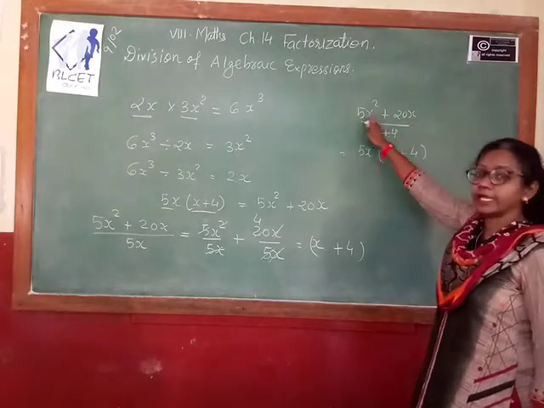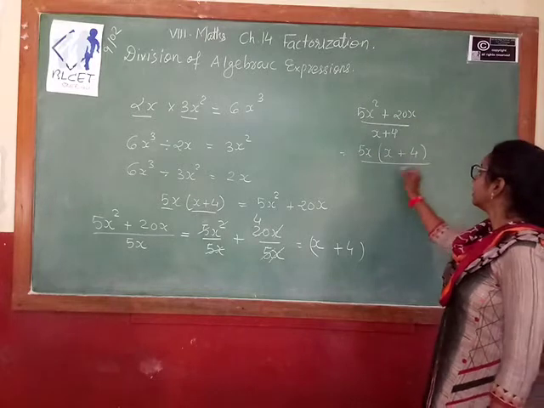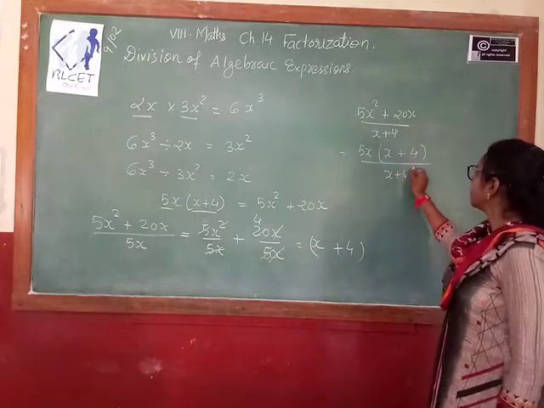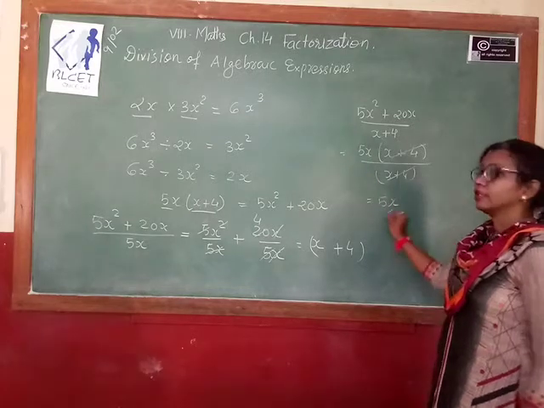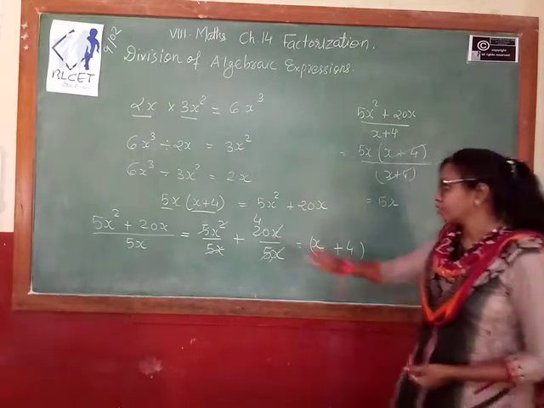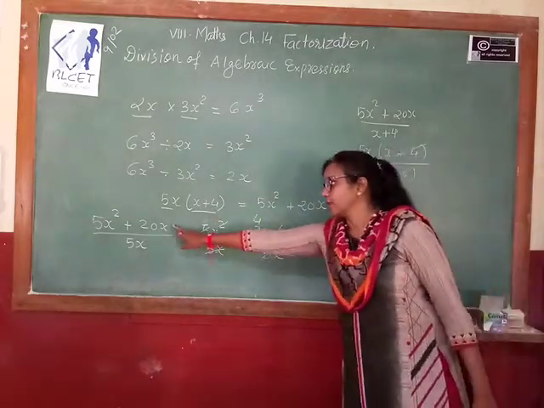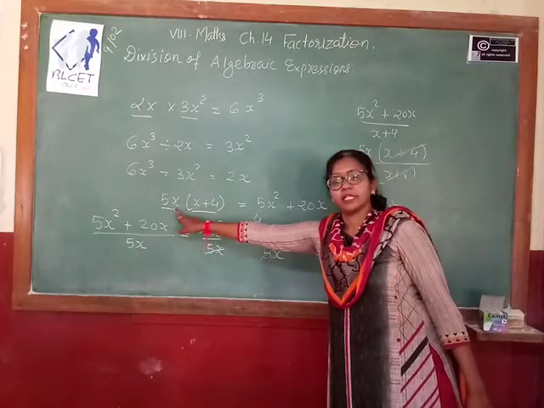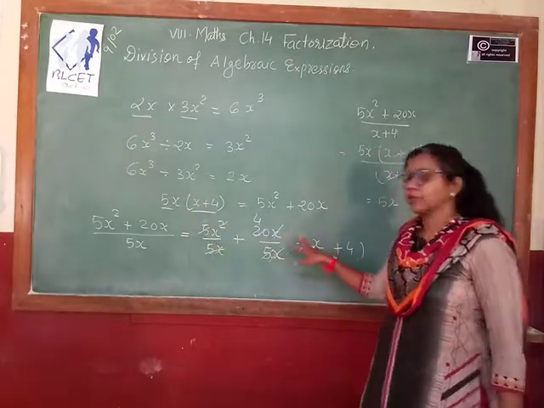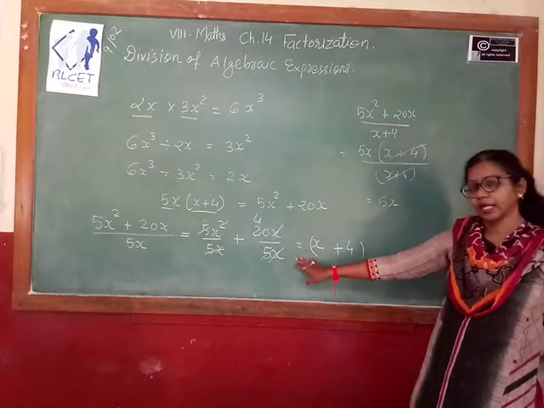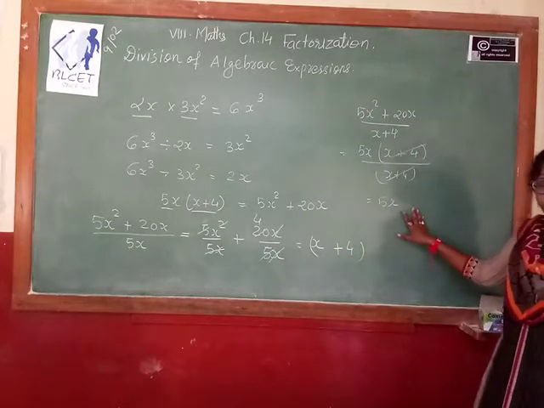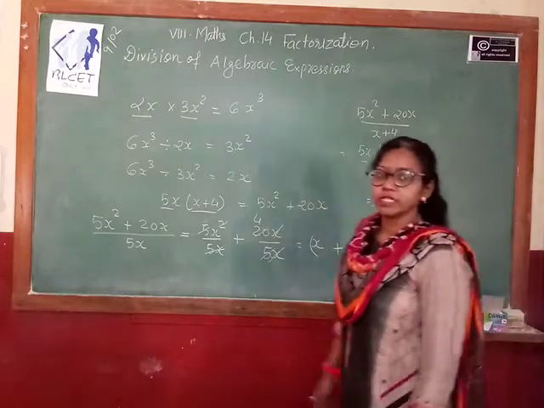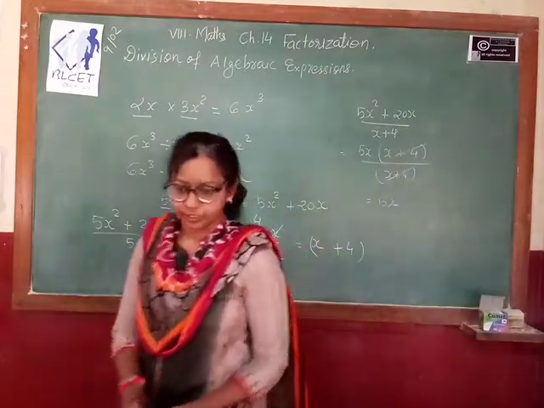We are just finding the factors of this. x plus 4, so directly this will get cancelled. So what is the answer? 5x. You have two ways. Directly also you can find the factors and cancel, rather than doing the other method. This is a correct way of doing the method, and that is also a correct way. So this way we can do the division of algebraic expressions.